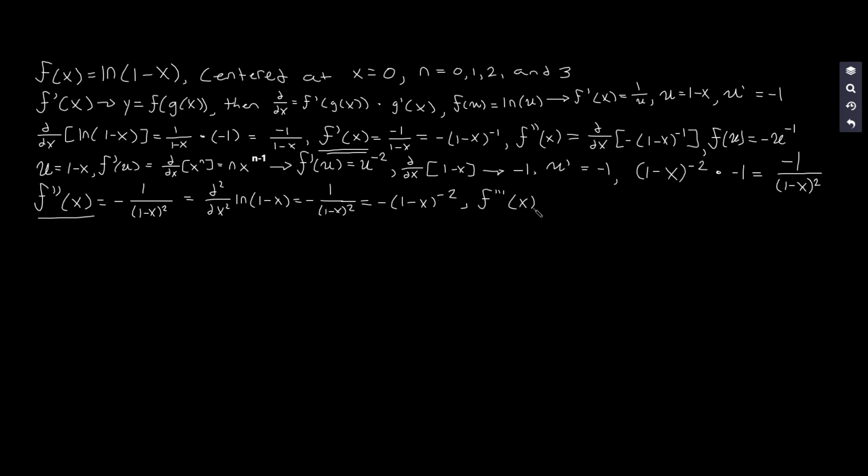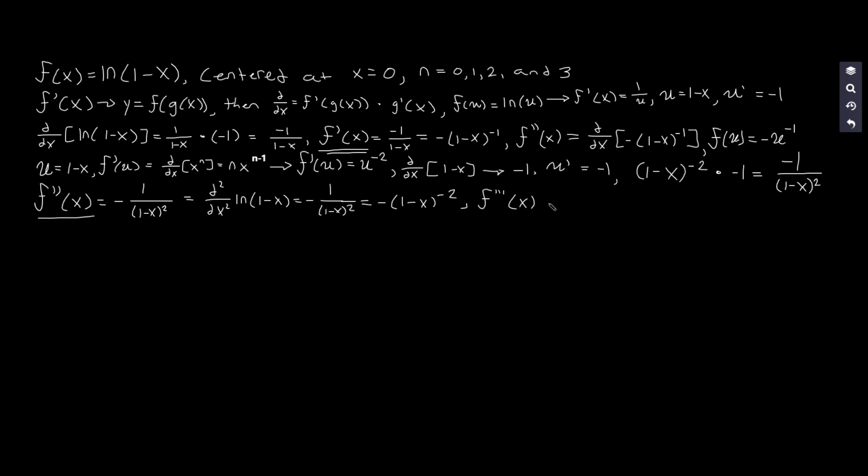What's f triple prime? Since f double prime is over here, we've written it out like this, which will make it a little bit easier: negative 1 minus x raised to the negative second power.